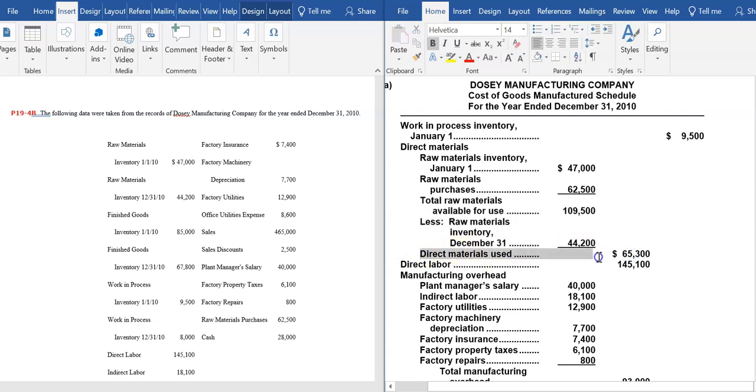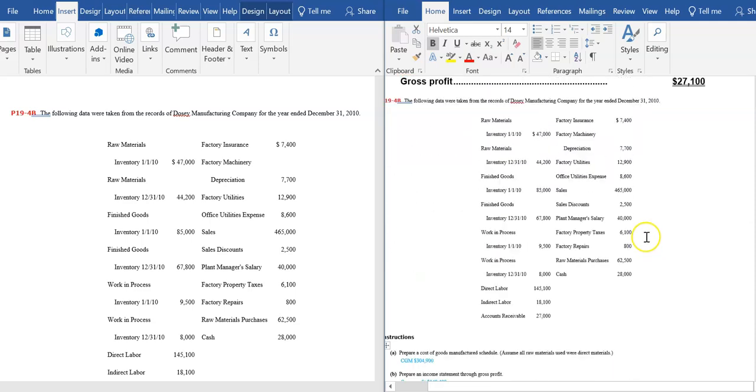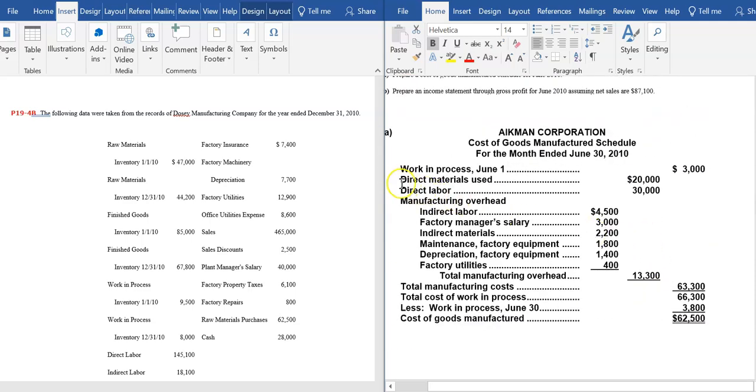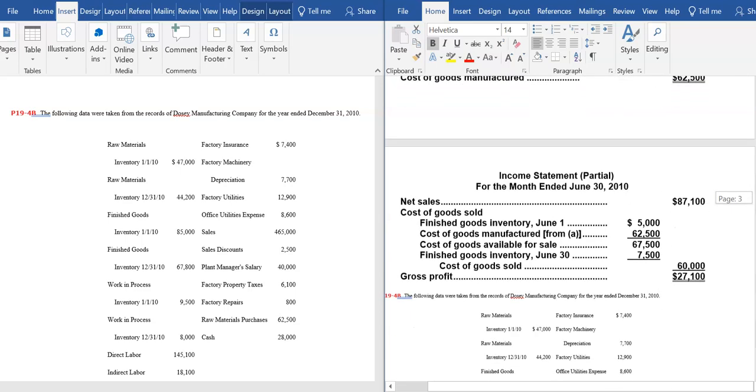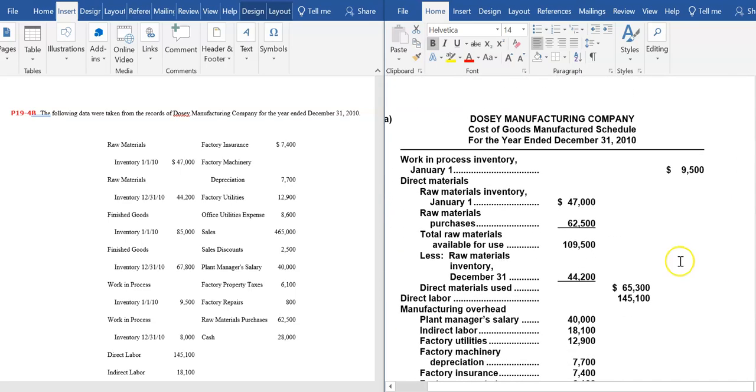So we now have our direct materials used, which is what we had done previously here. Only difference is last problem we were just given that amount. In this problem we had to show the flow of costs through the direct materials account.